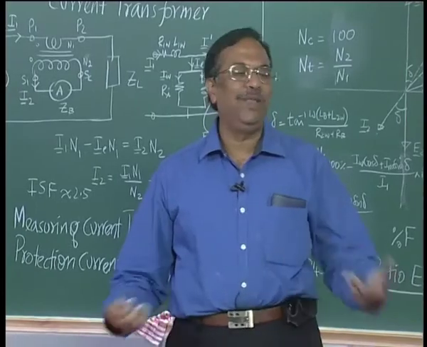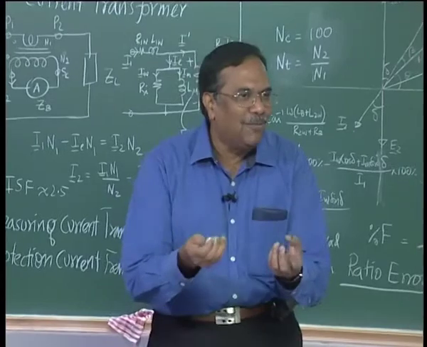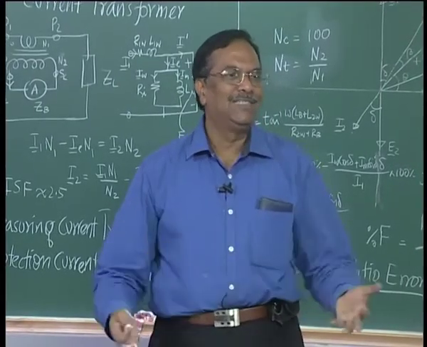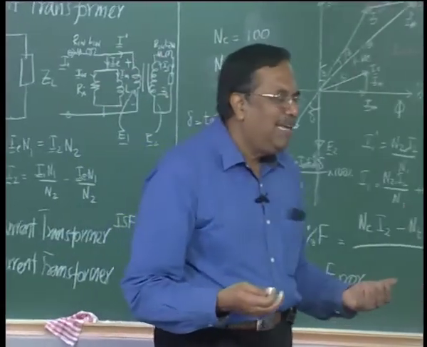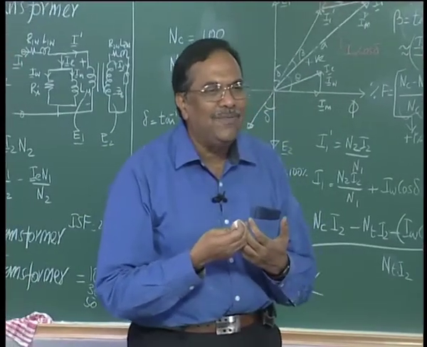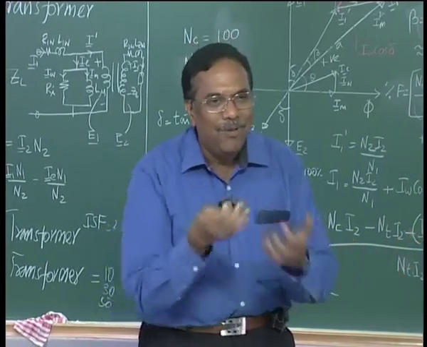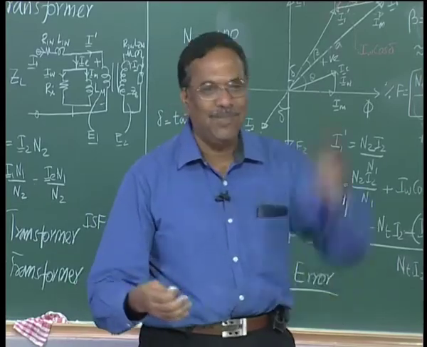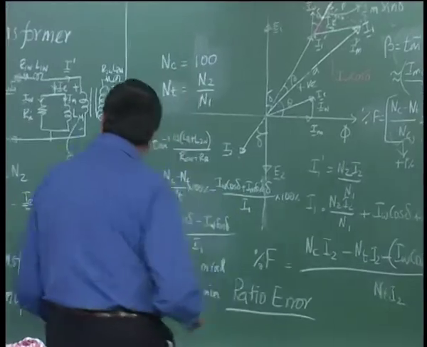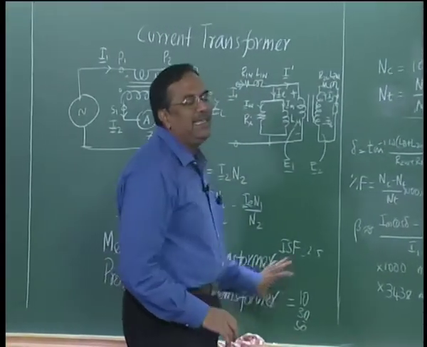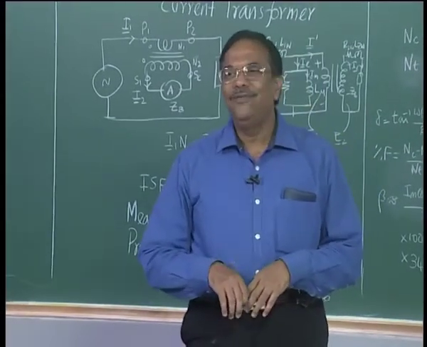It can even be 20%, 10%, because it does not make sense to make a 0.1% protection current transformer, it is not needed, number one. And also there is no big deal in finding out the phase error when I have 10,000 amperes. I am not worried about the phase errors; the moment I look at 10,000 amperes I am going to switch it off. So in the protection transformer at the extreme current we are also not worried about phase error.